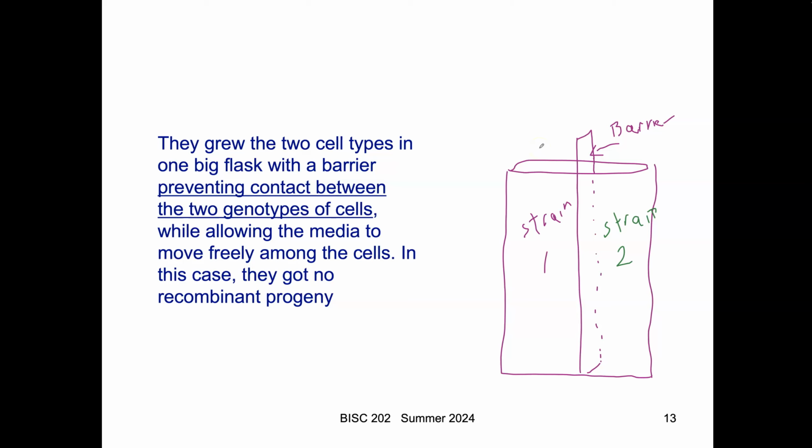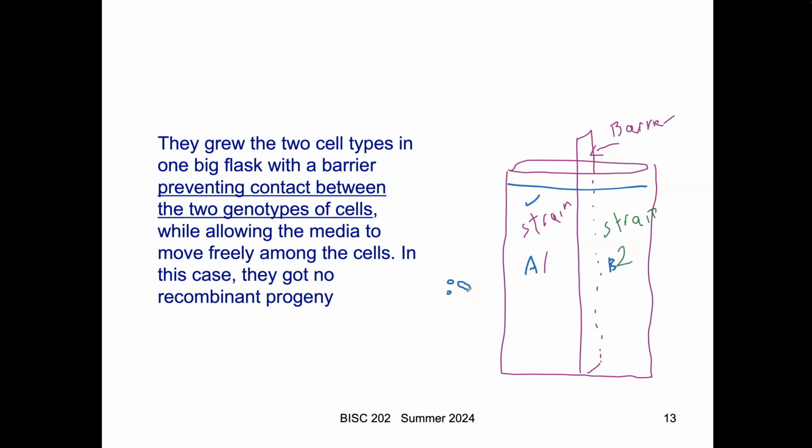Basically, they decided to repeat it with large amounts of strain A and large amounts of strain B in a big flask with liquid media. And they basically grew them in the rich media, and they had this barrier, and it was a special filter, and the filter had little pores in it, but the pores were too small for bacteria to actually get through.